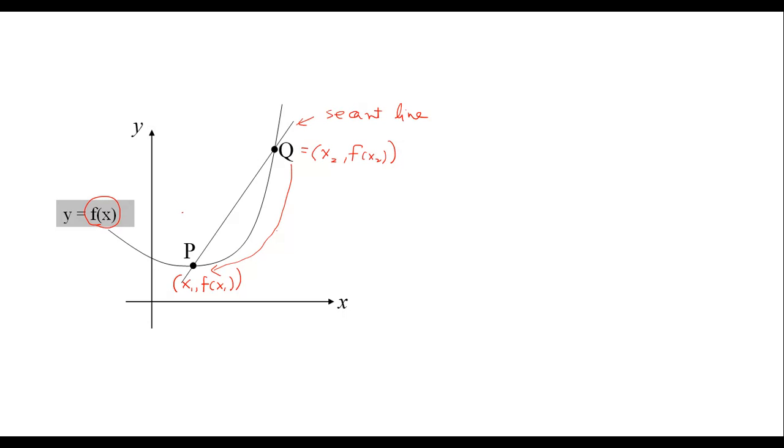Meaning that if my Q changes from this point, and now this is my new Q, just imagine that it changes like this. Basically, if my Q changes into the new location, then my secant line must also change into the new equation. I'm so sorry, the line is not that straight, but just imagine that it is straight.